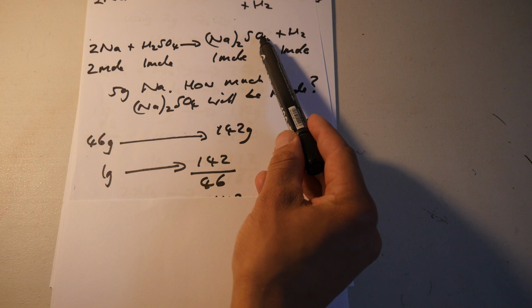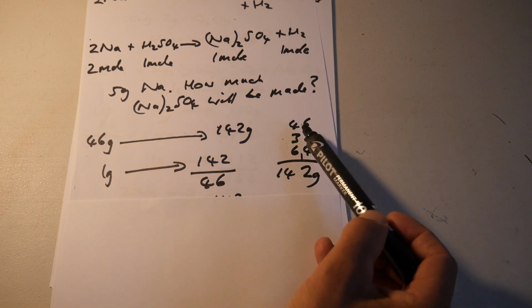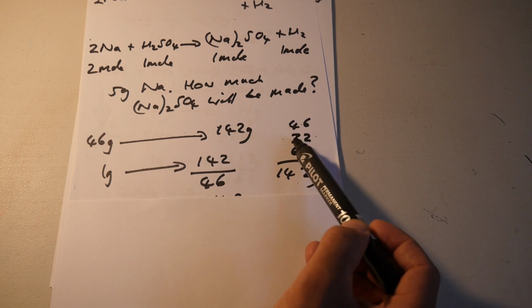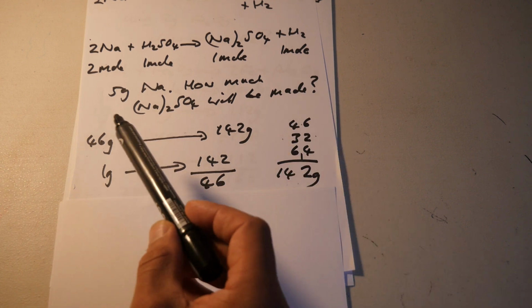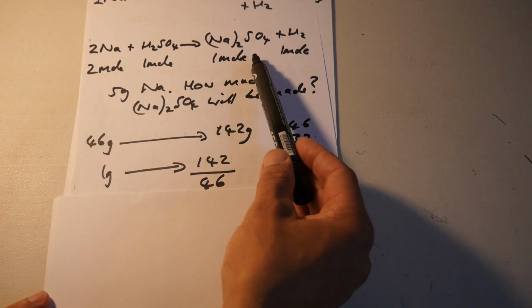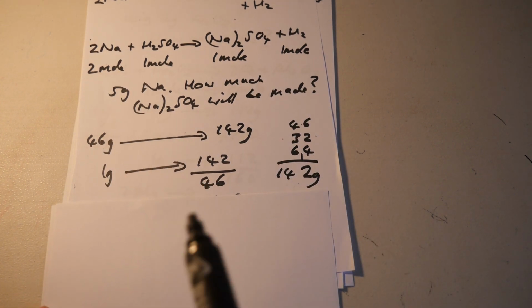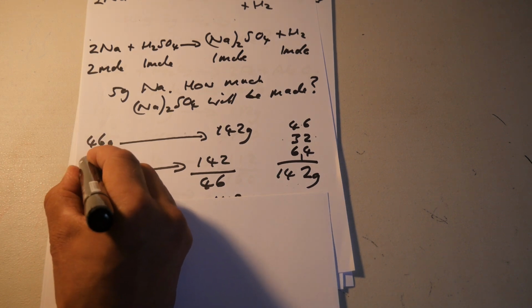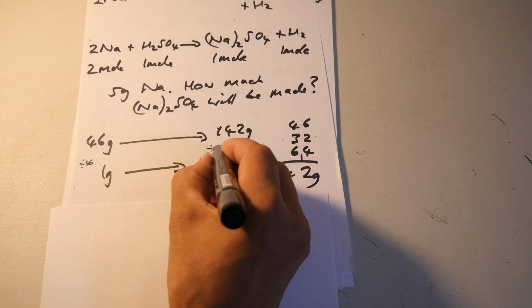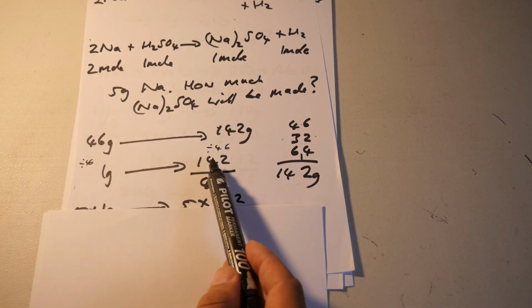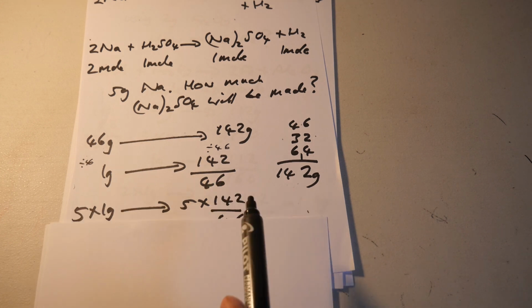16 grams for each oxygen atom, so that adds up to 142. So 46 grams of sodium produces 142 grams of sodium sulfate. Divide both sides by 46, okay? 1 gram therefore equals 142 divided by 46.